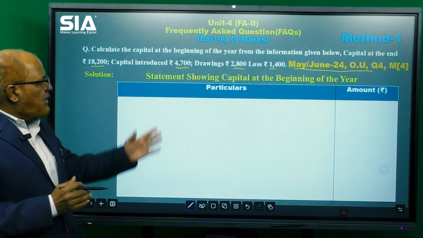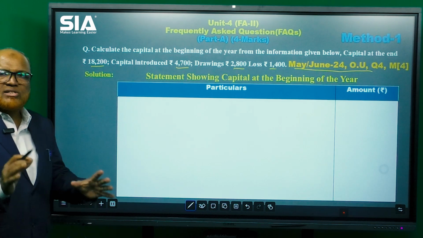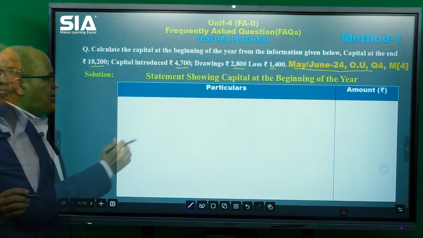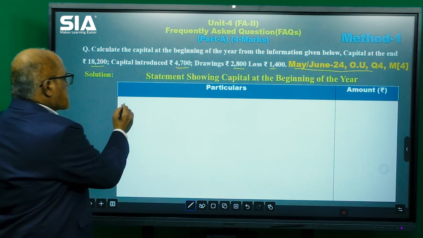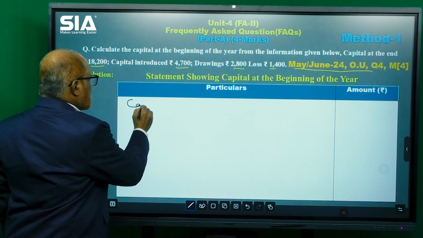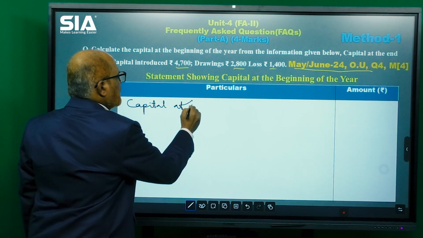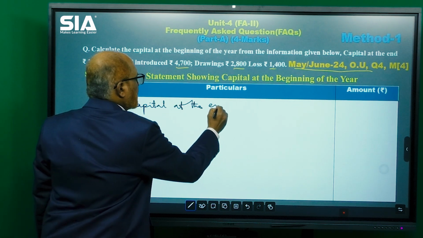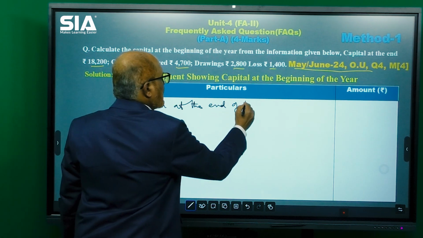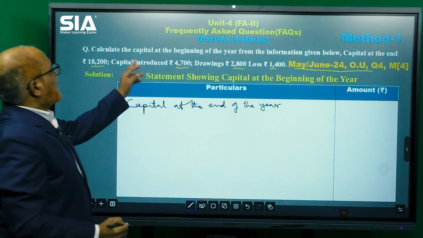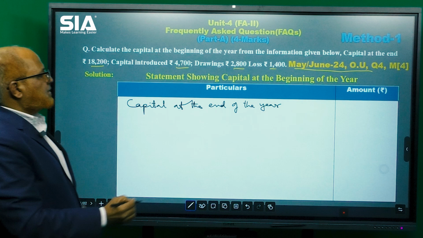So how to find out in statement form? First of all, always we begin with capital at the end of the year. So I'm writing capital at the end of the year. The capital at the end of the year is 18,200.